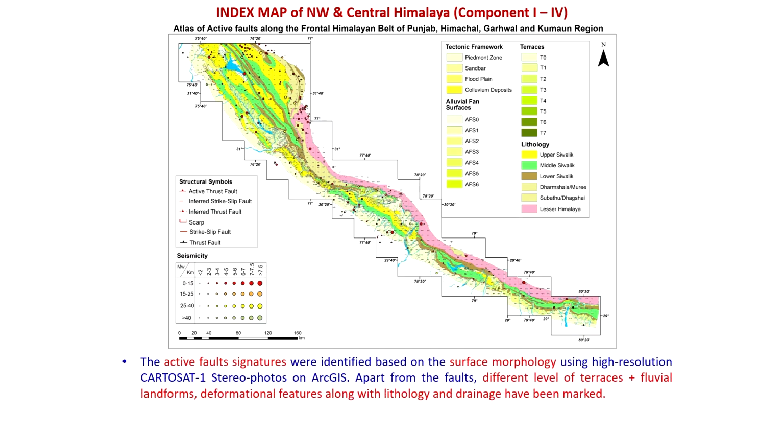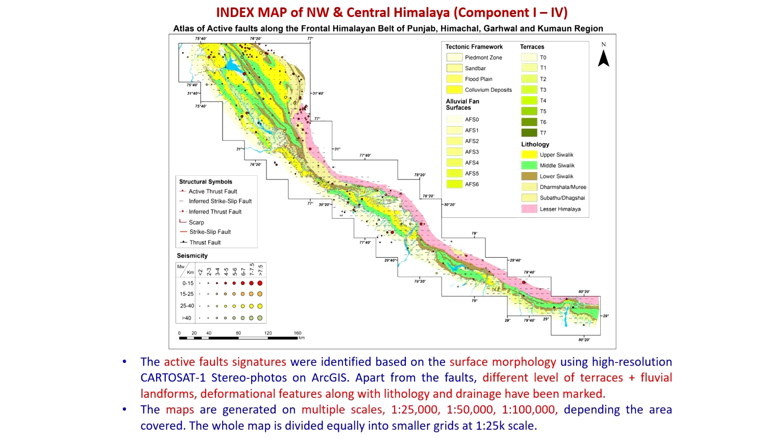Active fault signatures were identified based on surface morphology using high resolution Cartosat stereo photographs on ArcGIS. Apart from the faults, different levels of terraces, fluvial landforms, and deformational features, along with lithology and drainage, have been marked in this.